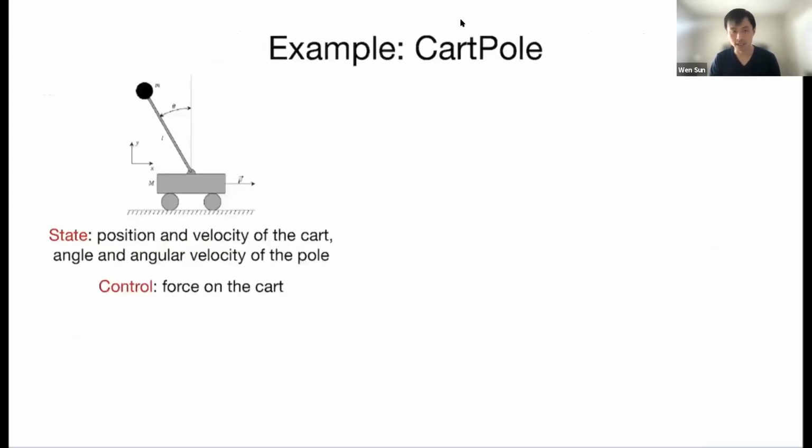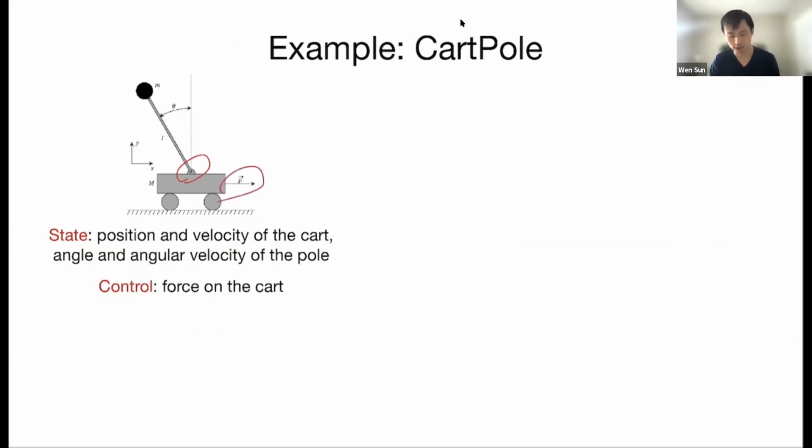And let's look at a particular example, this cart-pole. In this setup, we have a pole and we have a cart. The pole and the cart are connected by this joint, but this is an inactive joint, in the sense that you cannot apply any force or torque on this joint. You can apply force on the cart.